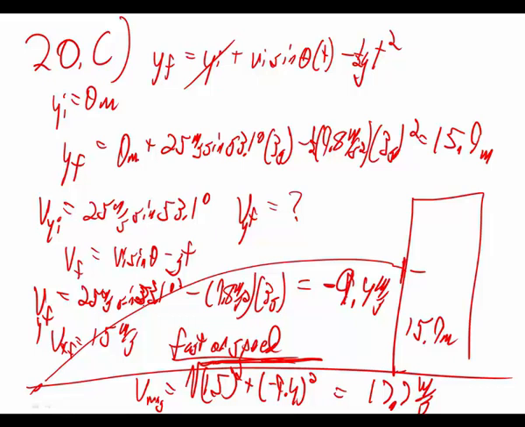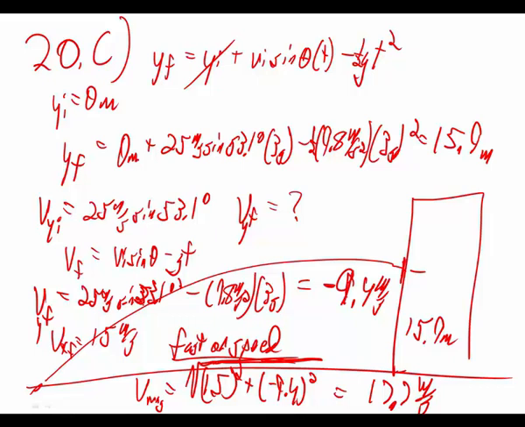Okay, but I'm saying 25 sine of 53.1 is 20, right? Essentially. Yeah. That's what it is. 25 sine of 53.1 is 20, right at it. Okay?